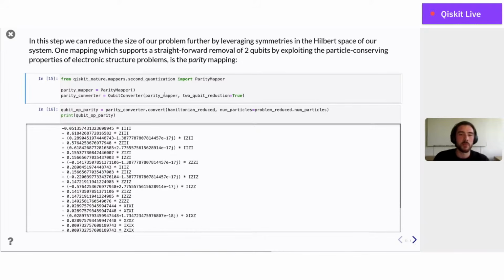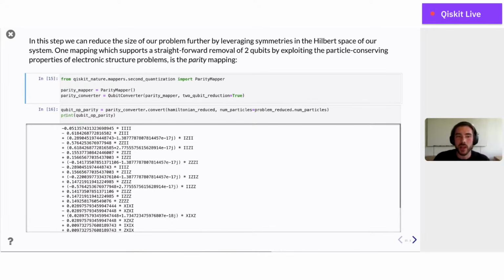And as you can see, when we apply this, we simply construct a different qubit converter with the parity mapping. We enable 2-qubit reduction by setting this argument to true. And we can then convert the Hamiltonian that we had before again, but this time passing in the number of particles that we can get from our problem. This is important because the qubit that we can remove depends on the number of particles in our system.